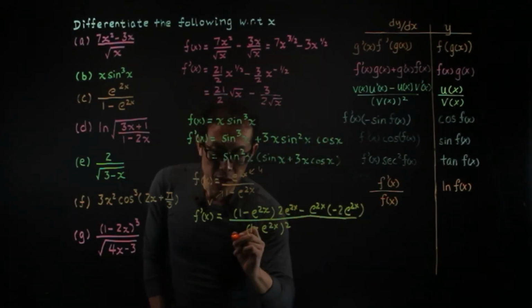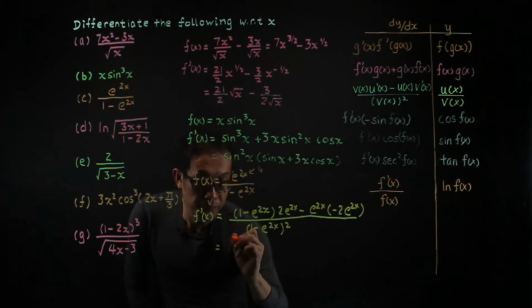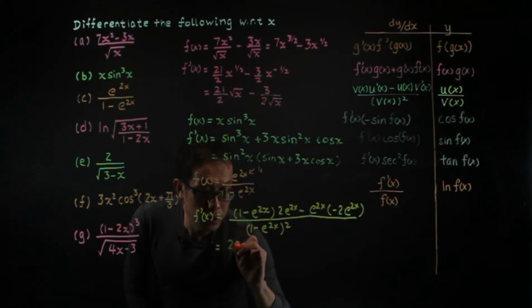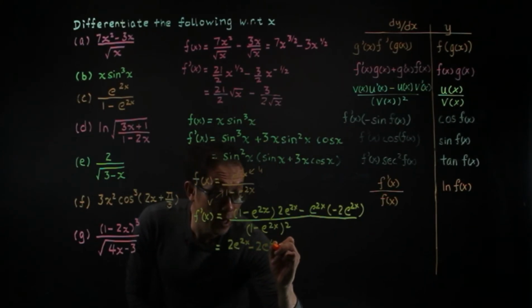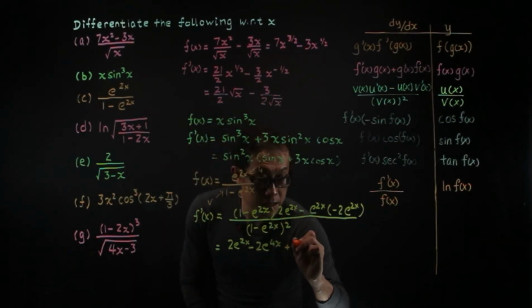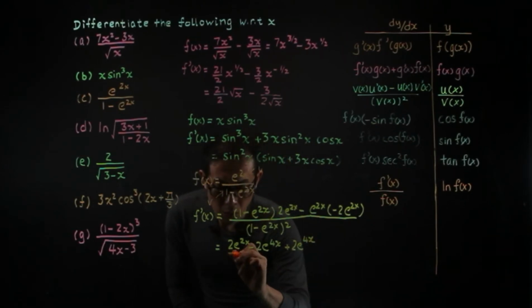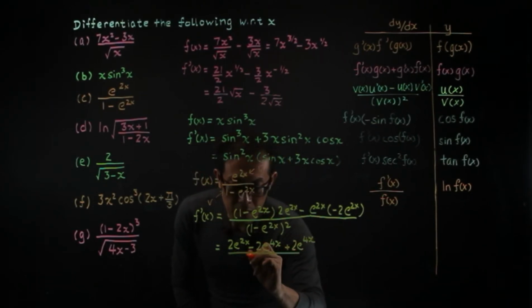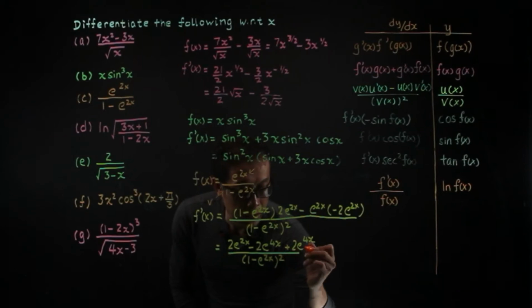Alright, then let's multiply it out and simplify. So you have 2 e to the power of 2x minus 2 e to the power of 4x plus 2 e to the power of 4x over 1 minus e to the power of 2x whole thing squared.